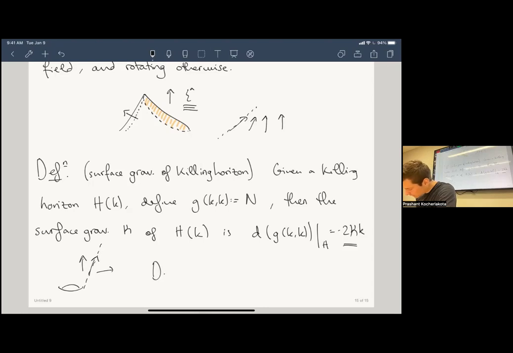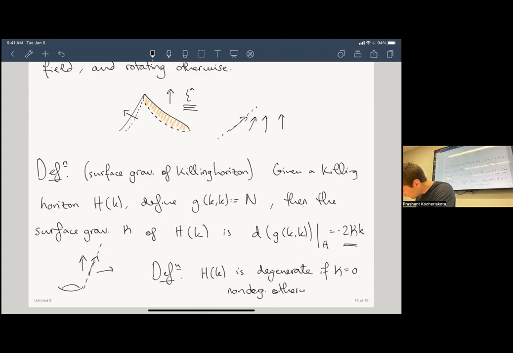And then there's another definition, which is to say that the horizon is degenerate if this kappa is 0, and non-degenerate otherwise.